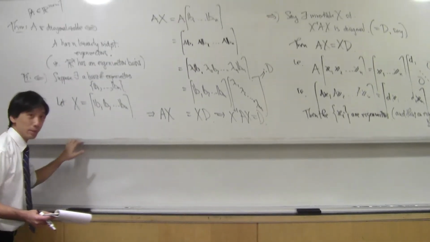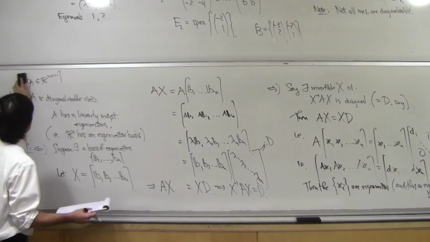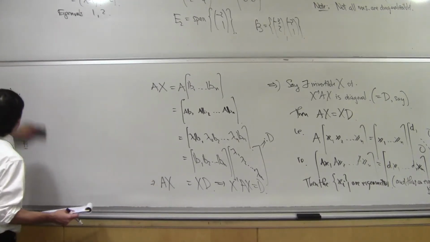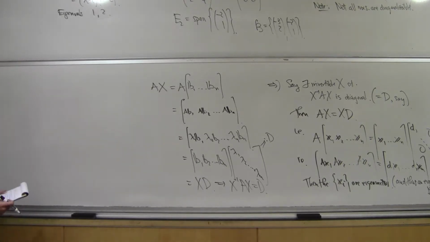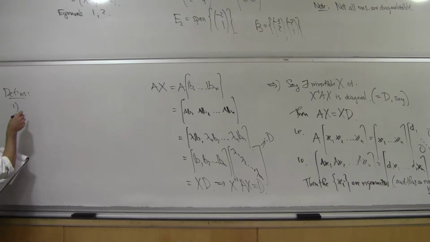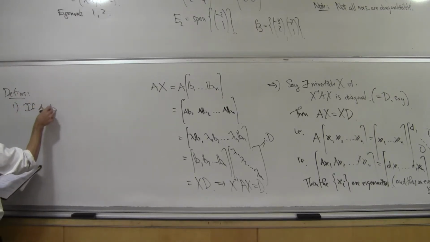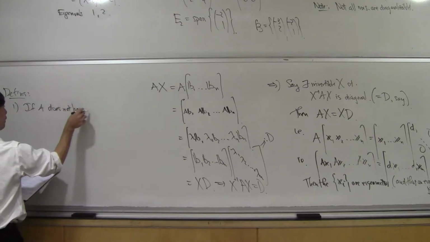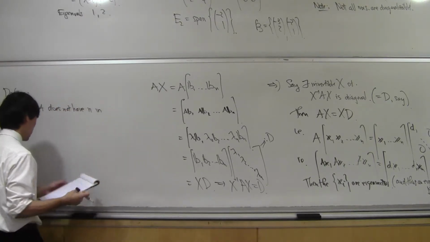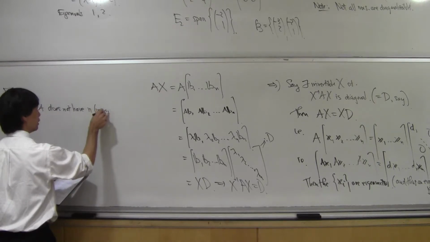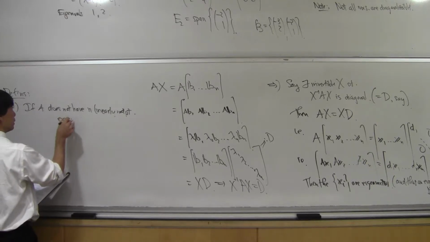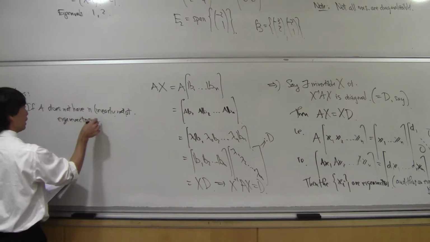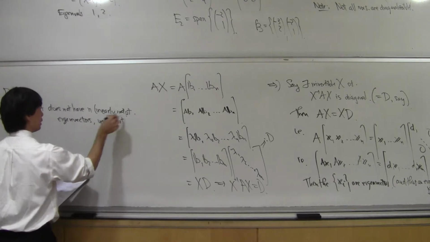Okay, so this actually leads into the next idea. A bunch of definitions. First off, if A does not have n linearly independent eigenvectors, we call it defective.